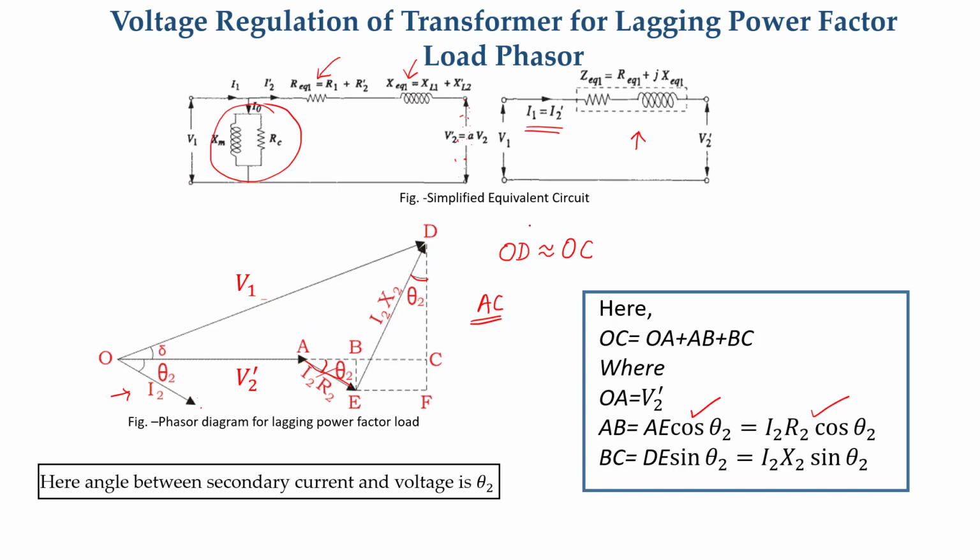Now V1 is what actually? If you do not have any current, that is in no load condition, V1 is simply equal to V2 dash. Therefore the regulation formula becomes V1 minus V2 dash divided by V1, into 100 for percentage regulation.